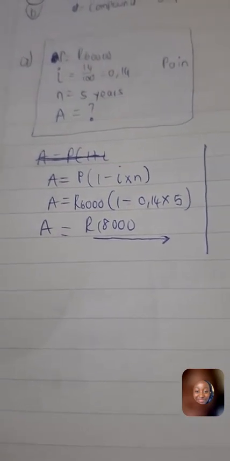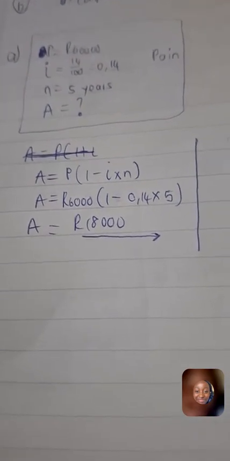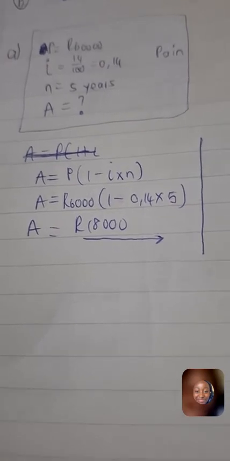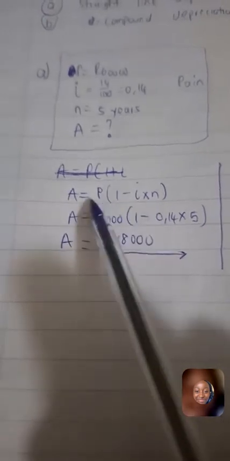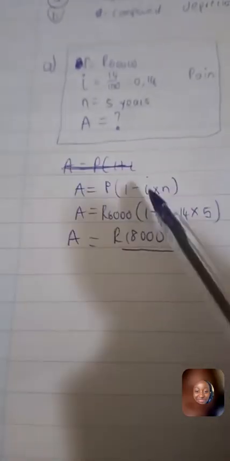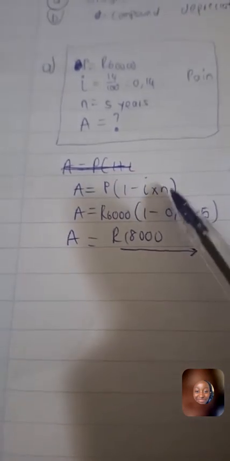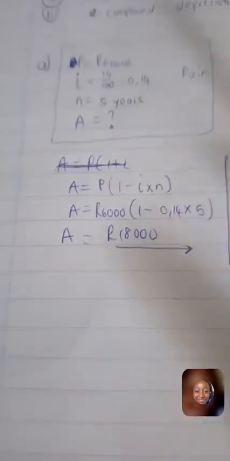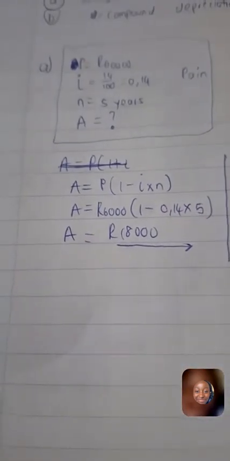I don't know under the IEB banner if your teachers actually give you formulas. Because under CAPS, what learners are usually asked to do is write down the original formula, substitute into the formula, and then make N, I, or P the subject of the formula.